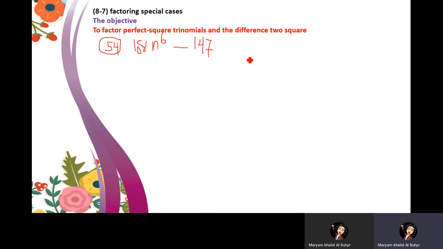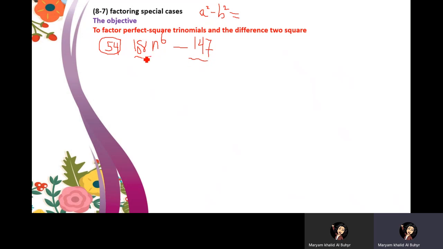The only thing that you know, from a few minutes ago, I told you about this rule: a squared minus b squared equals the rest. But here, what should we do? I'll try to find the common factor between these two numbers, then take it out, because these are not perfect squares and I cannot play with them.